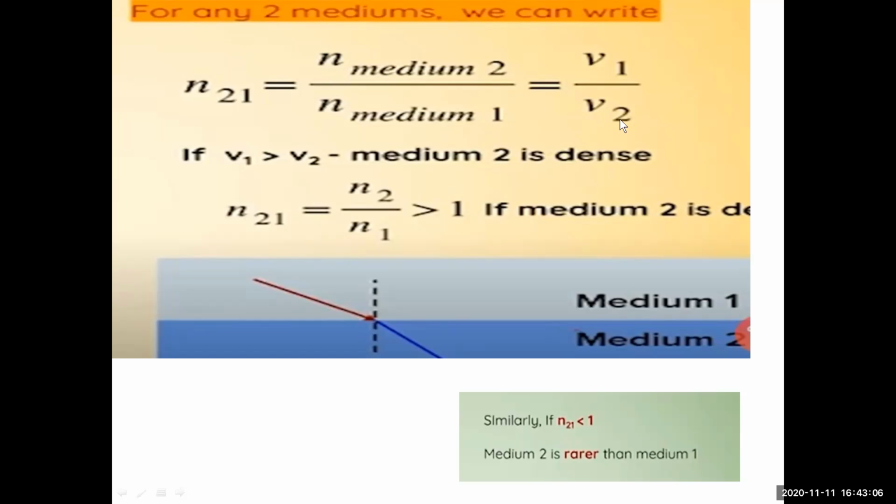If v1 is greater than v2, then we say that medium 2 is the denser one. Now, if v2 is greater than v1, then we say that medium 1 is the denser one. Isn't it, students? Right. Similarly, if n_21 is less than 1, then medium 2 is the rarer medium than the first medium. Okay, students.